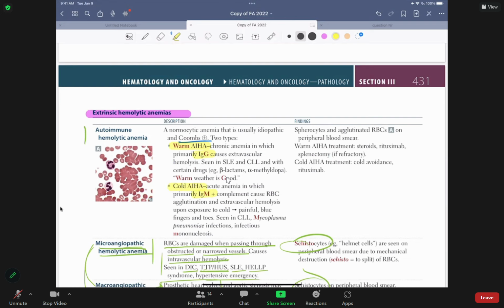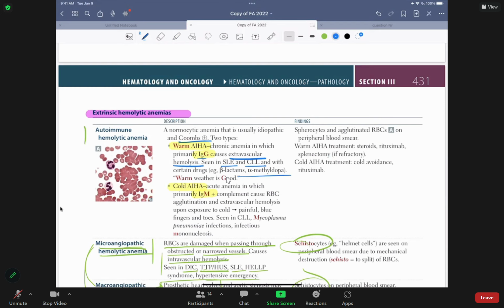Warm IgG, cold IgM. So when we say warm, it's IgG, so it's extravascular hemolysis. We see it with SLE, CLL.